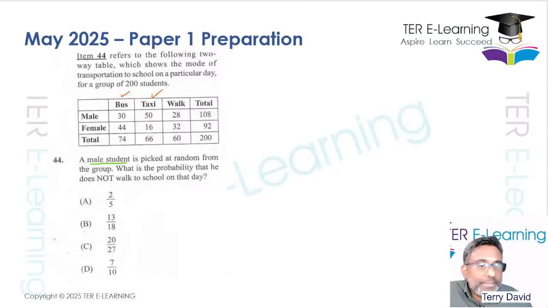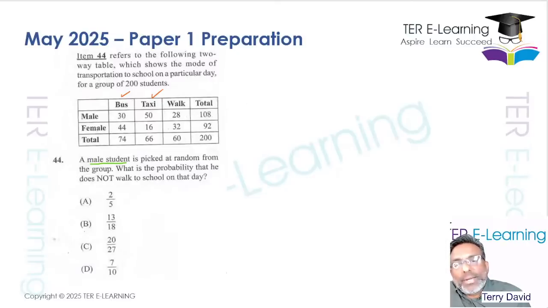Let's see what people are saying here. Some people are saying C. Again, a male student is selected at random from the group.